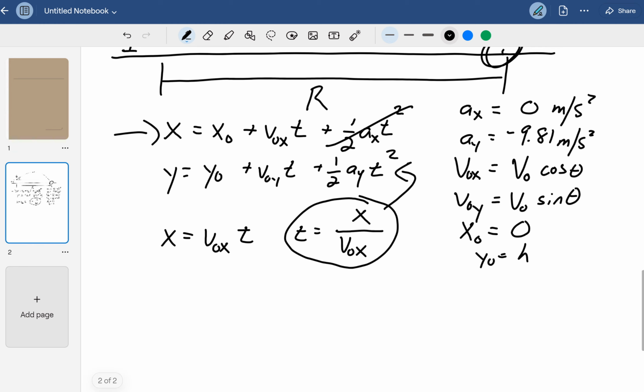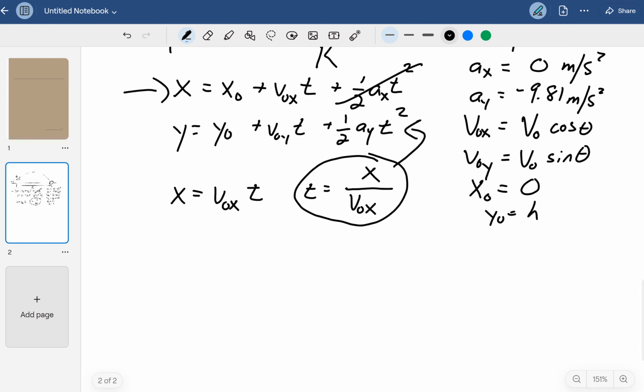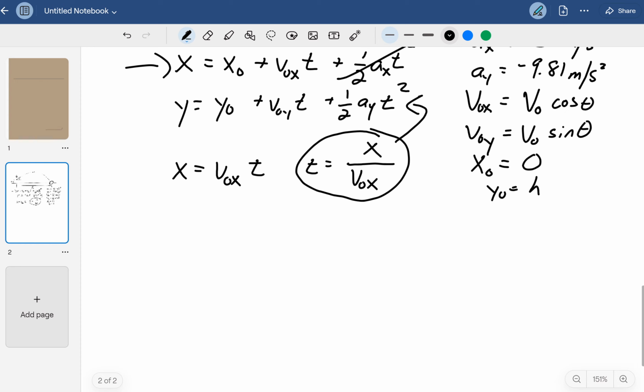It looks like we're going to get a big mess, but it's actually going to work out quite nicely into an okay formula. So taking that value and using h for y0, we get y equals h plus v0y times t, but for t I'm going to plug in x divided by v0x, because that's the expression we got for t from right above.